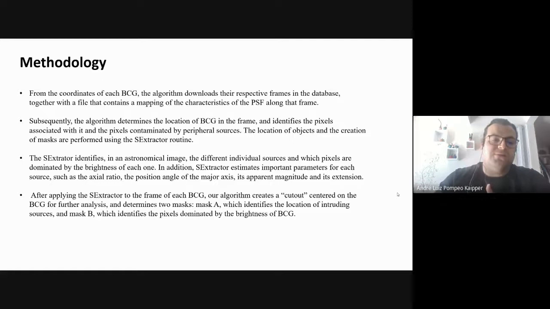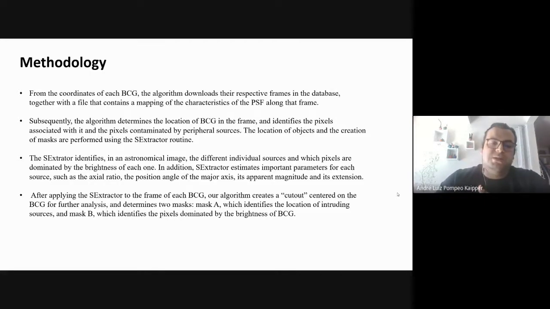This extractor identifies in an astronomical image the different individual sources and which pixels are dominated by the brightness of each one. In addition, it estimates important parameters for each source, such as the axial ratios, the position angle of the major axis, and its apparent magnitude. In resume, I use the values that this extractor finds about the BCGs as a guess for GALFIT to create the model.